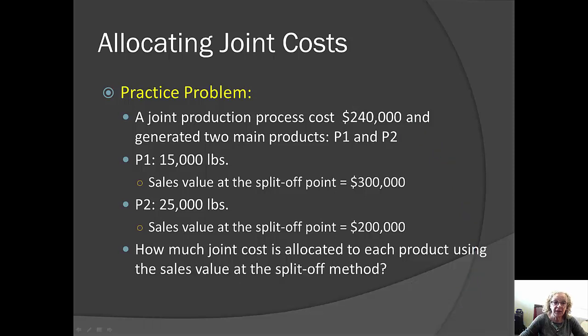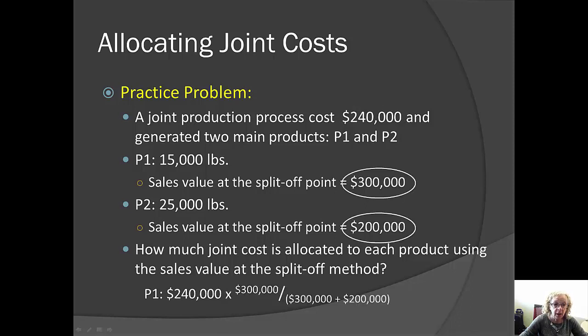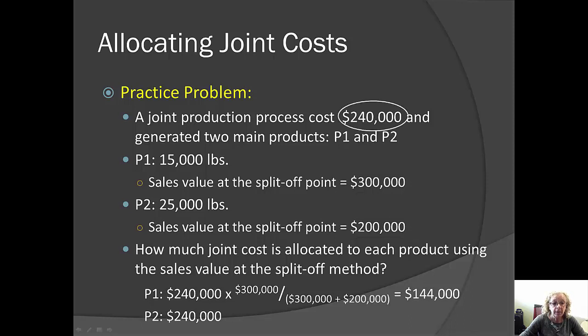Now, let's say that the same firm wanted to use the sales value at the split-off method. So we're still going to allocate our same $240,000, but now we're going to do it in proportion to how much each product contributes to sales revenue. P1 represents 3/5 of the total revenue, so it would get 3/5 of the total joint costs.